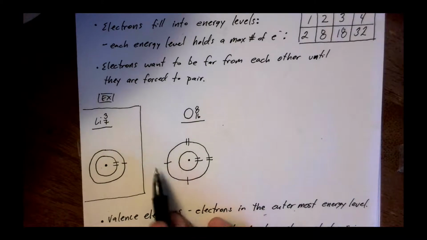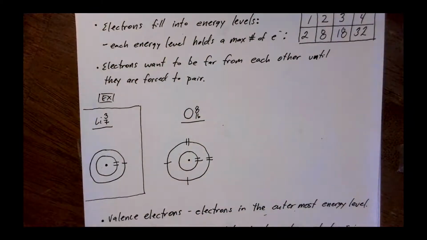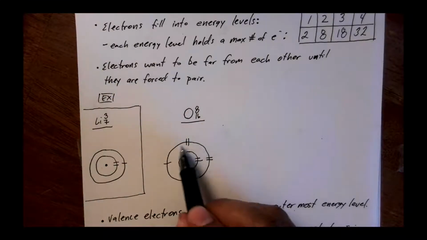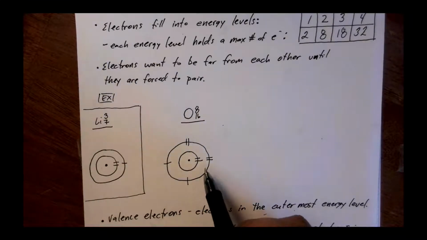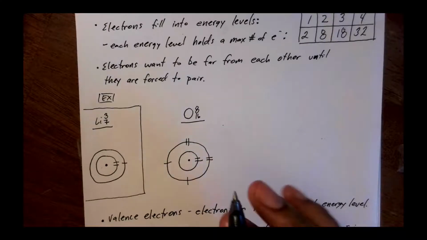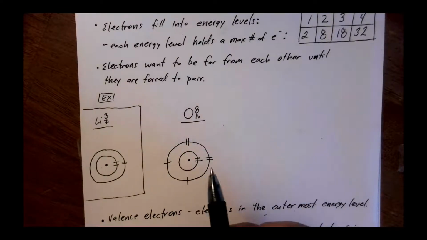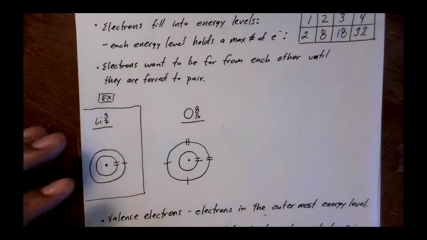Boom, boom, boom, boom. Now, some students erroneously, wrongly, incorrectly want to just evenly distribute all 8 around the energy level, and that's not appropriate. The most appropriate thing to do is to go right, top, left, bottom, right, top, left, bottom, until you run out of electrons to fill. And then they will all end up being placed.